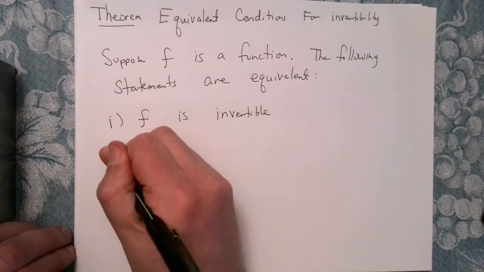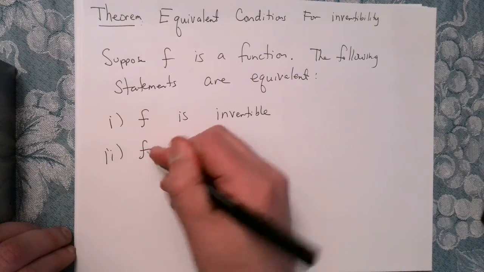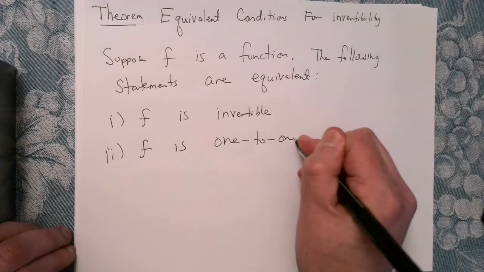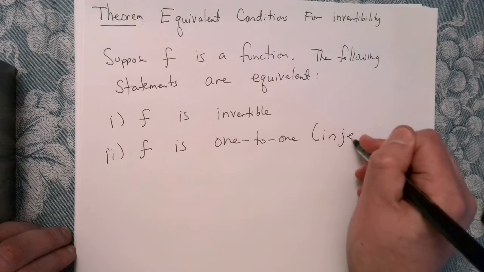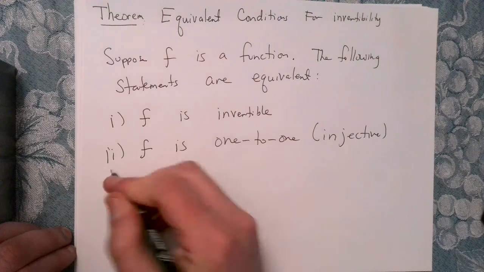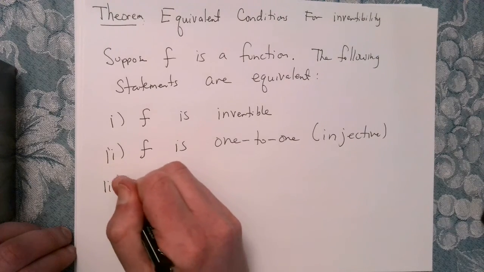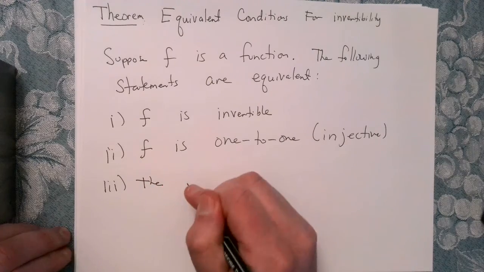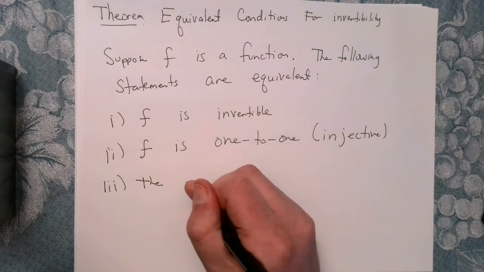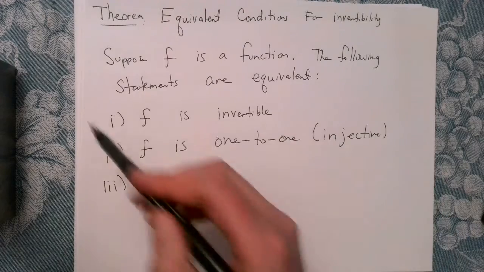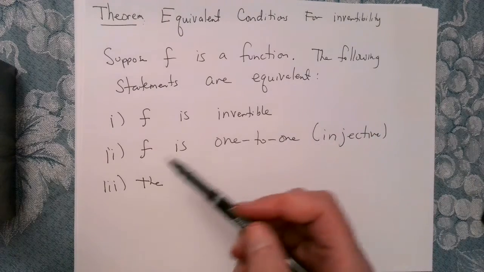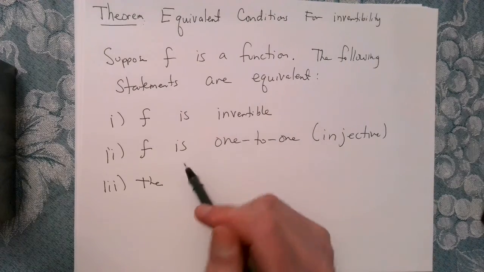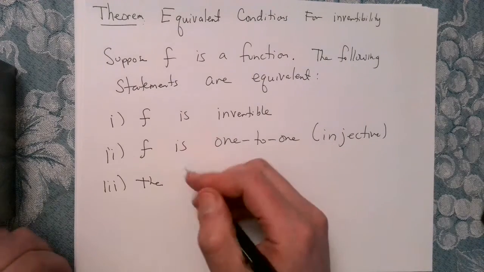That's equivalent to statement two, which says f is one-to-one or injective. And that's equivalent to statement three, the graph of f passes the horizontal line test. So I'm going to write that and then talk about how to interpret a theorem of the form the following are equivalent.